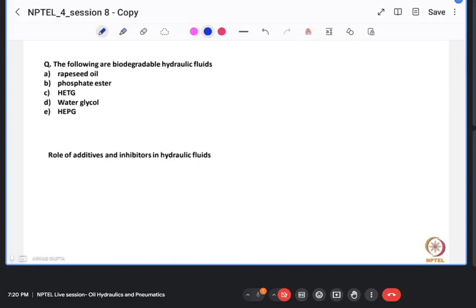So there is a paradigm shift from the usage of synthetic or chemical based hydraulic fluids to biodegradable or bio based hydraulic fluids, because they don't cause any harm to the environment or to the health of the operators. Rapeseed oil is one of them. Phosphate is a chemical. It is not a biodegradable fluid.